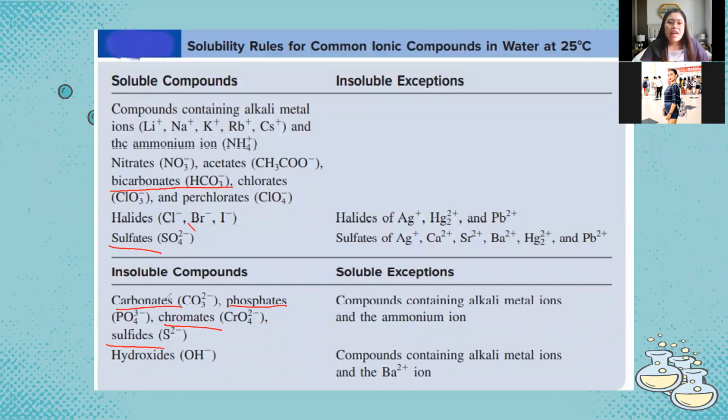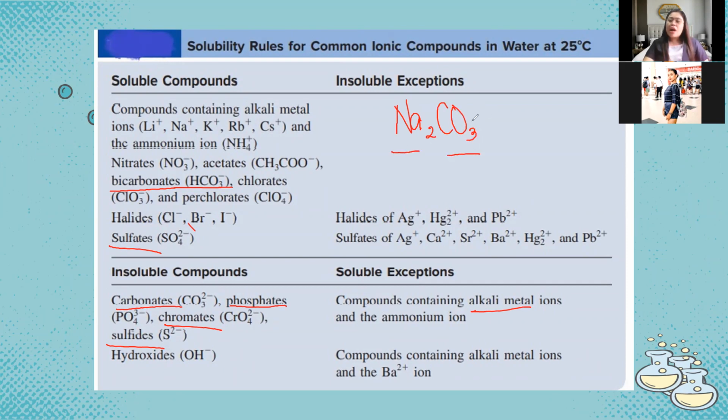Okay? Na kaya lang, meron din tayong exception to the rule here. Compounds containing alkali metal ions and the ammonium ion, kahit pa ang partner nila ay carbonates, phosphates, chromates, and sulfides, they will be soluble sa water. So again, pag alkali metal, example, sodium plus the carbonate, so we call it sodium carbonate.